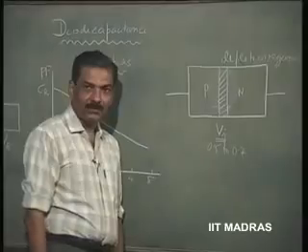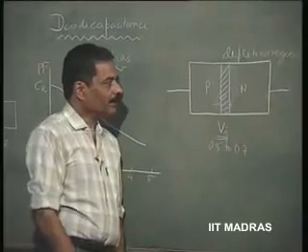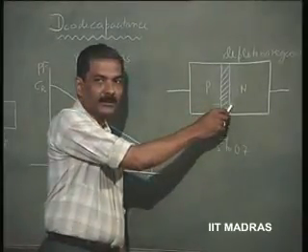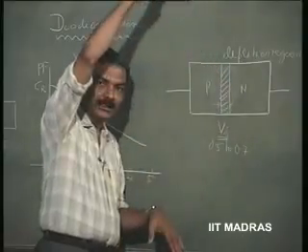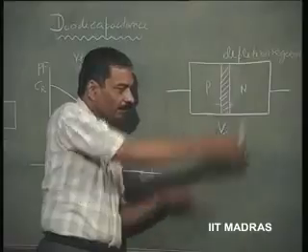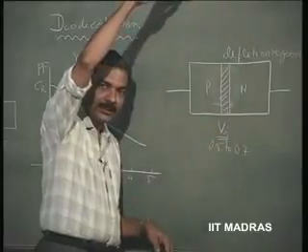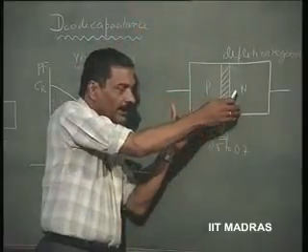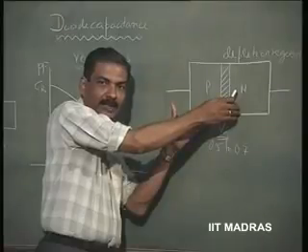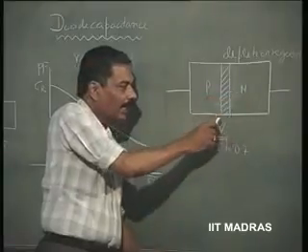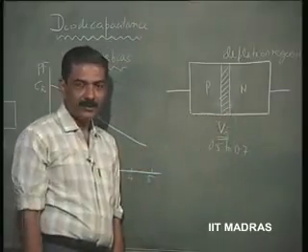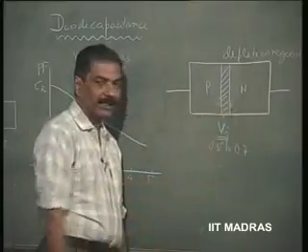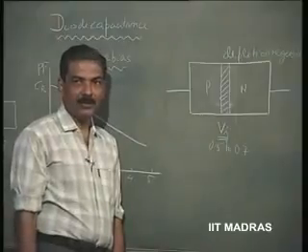Large current can flow. Whereas, when it is reverse biased, this potential hill increases. The reverse bias will help this potential hill to get increased. That means more area gets depleted of carriers, and this region widens. So, this depletion layer width is dependent upon the bias.